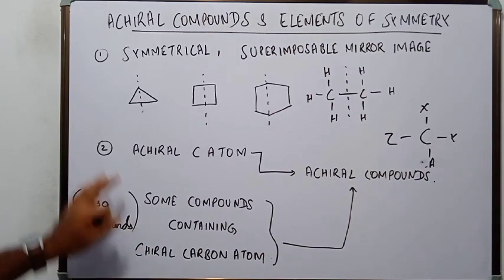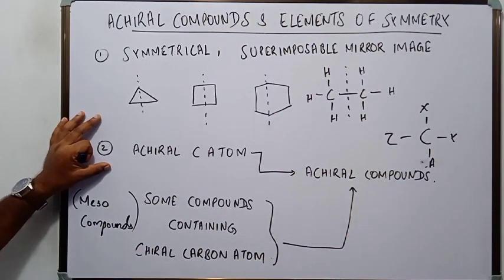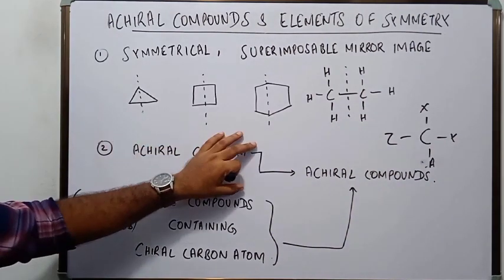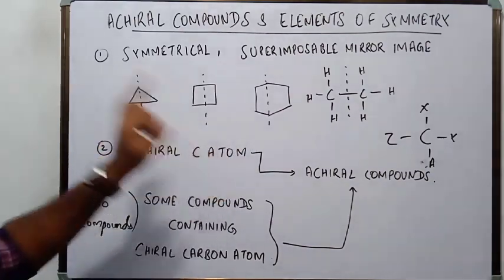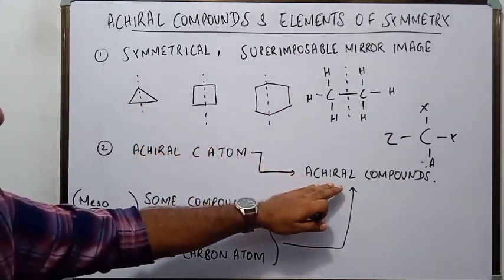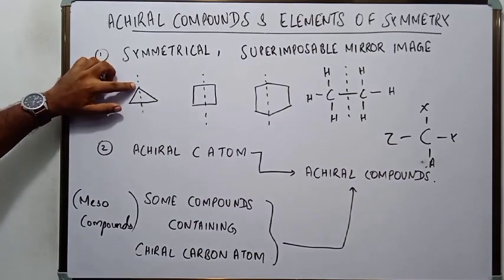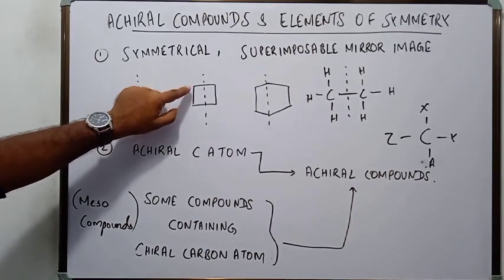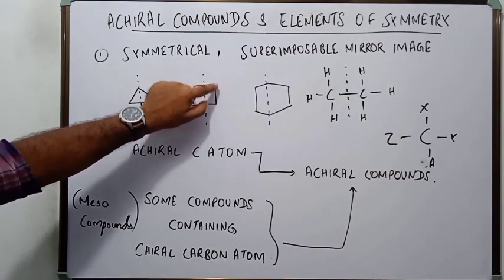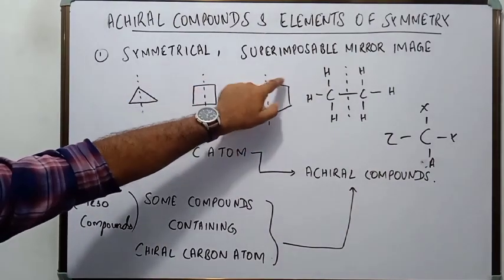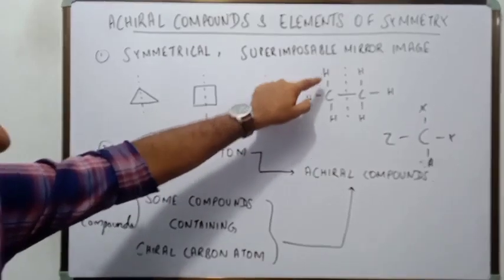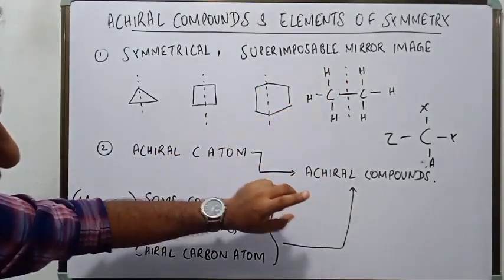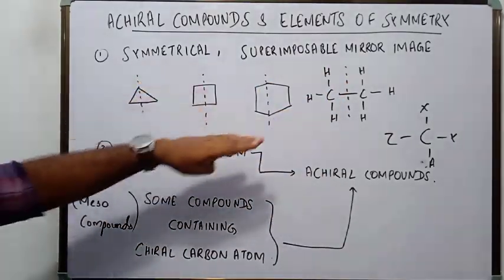Okay, so let us see the second point more clearly. All compounds that contain a chiral carbon atom are chiral compounds. See, this is an achiral carbon, this is an achiral carbon, this is too. All these are achiral carbons because they are attached to the same kind of substituents. So they are all achiral compounds.